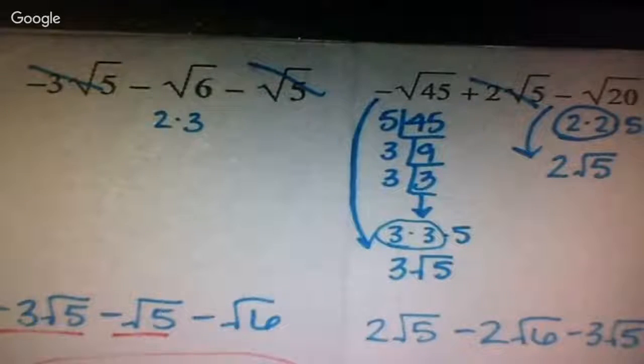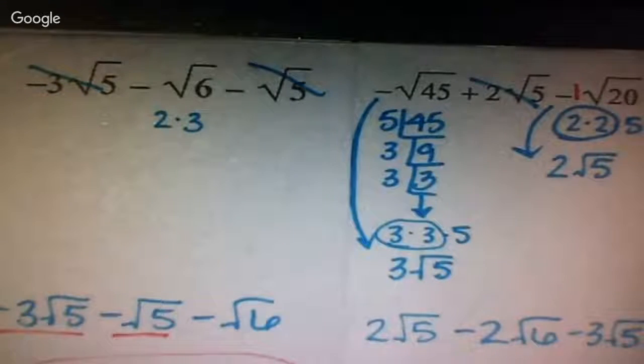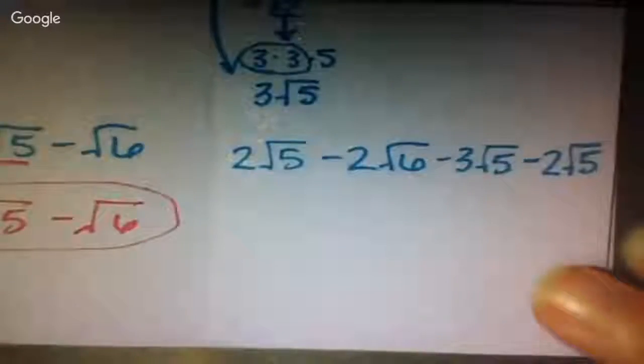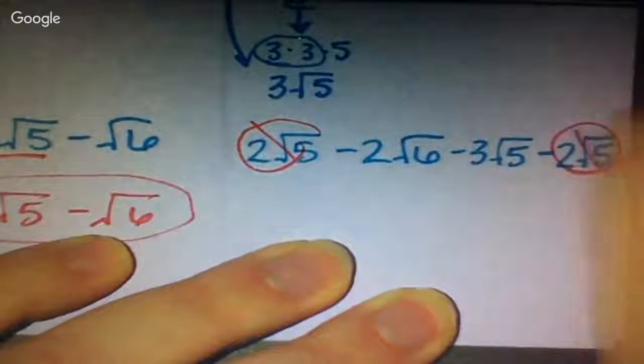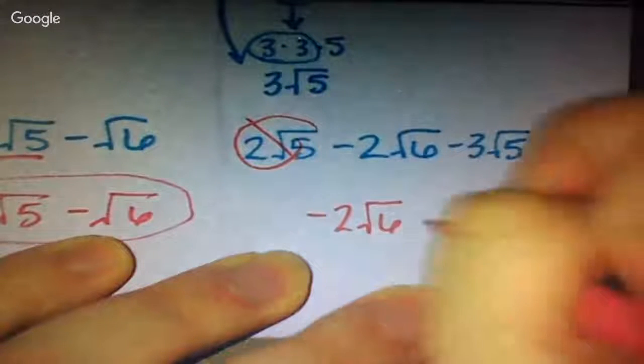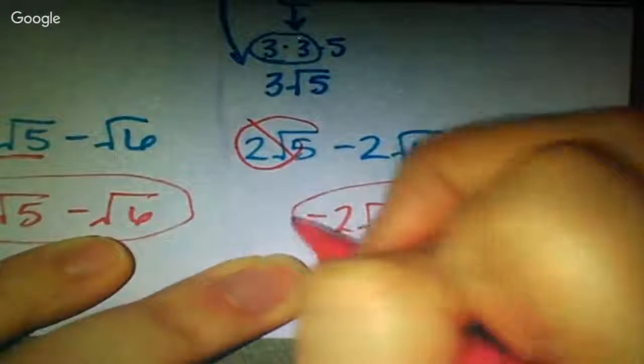And if there's nothing written, that's an unwritten 1. So Rebecca said that this one and this one cancel, so my final answer should be -2 square roots of 6 minus 3 square roots of 5.